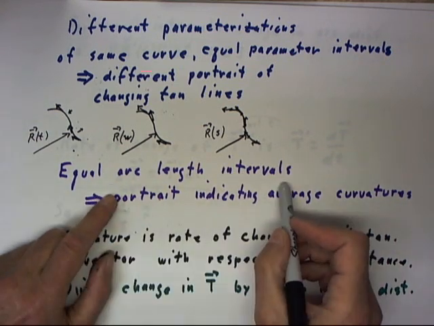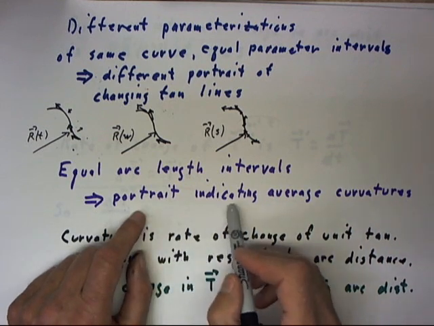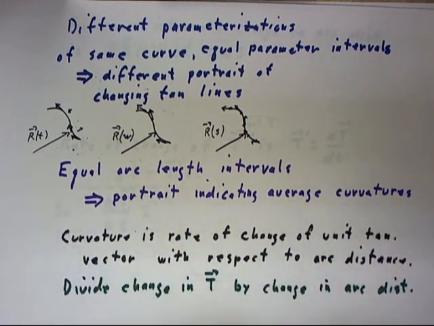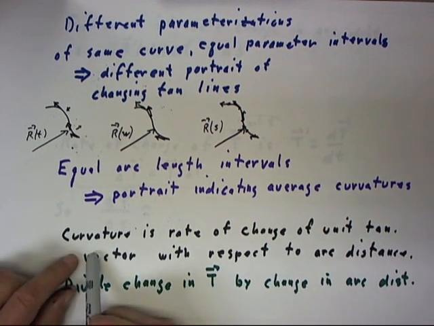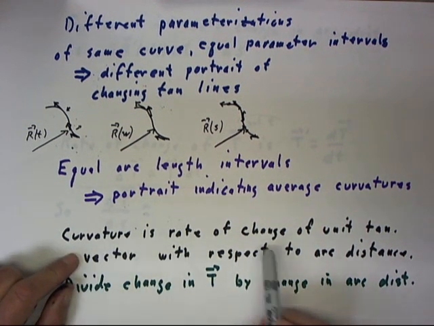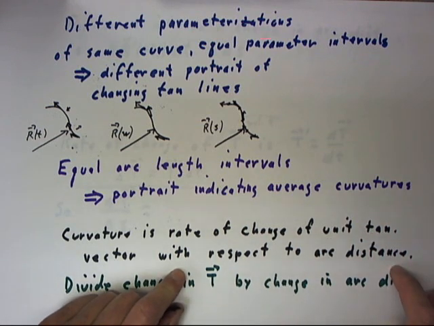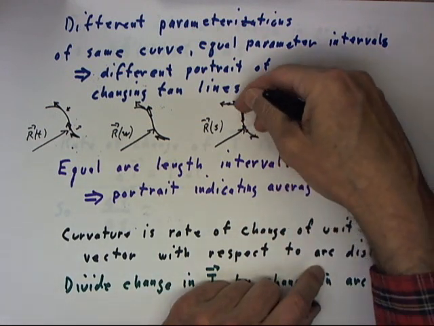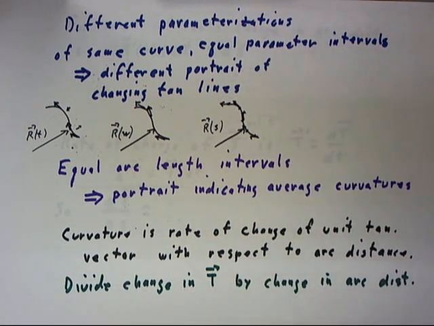Okay, now equal intervals of arc length give us a portrait that actually indicates average curvatures. And we're going to define curvature to be the rate of change of the unit tangent vector with respect to arc distance, because of course it's arc distance that we're measuring when we measure the distance that we've traveled along the curve.